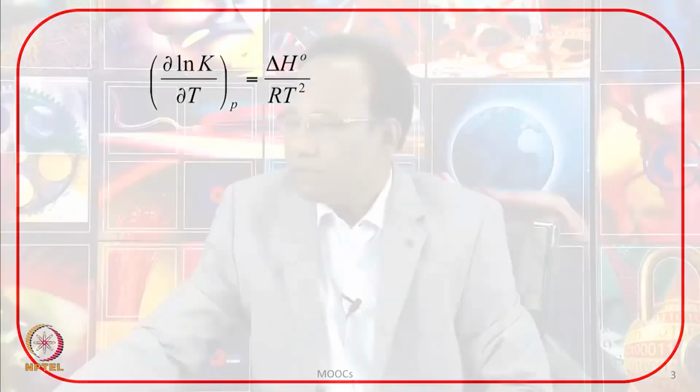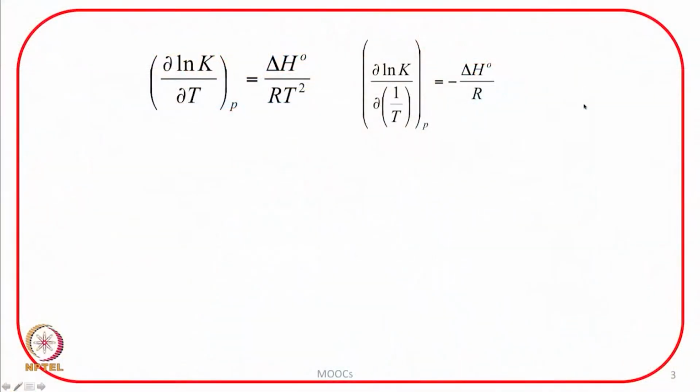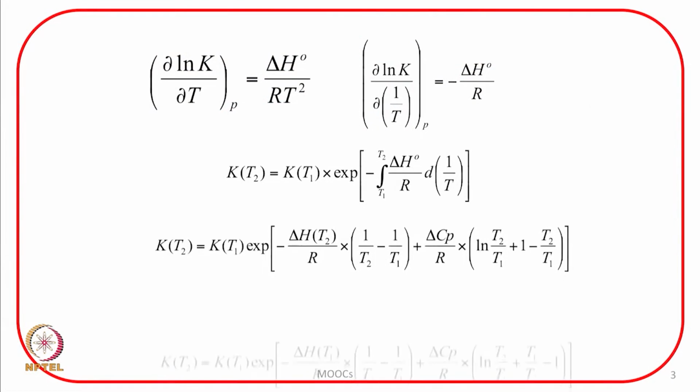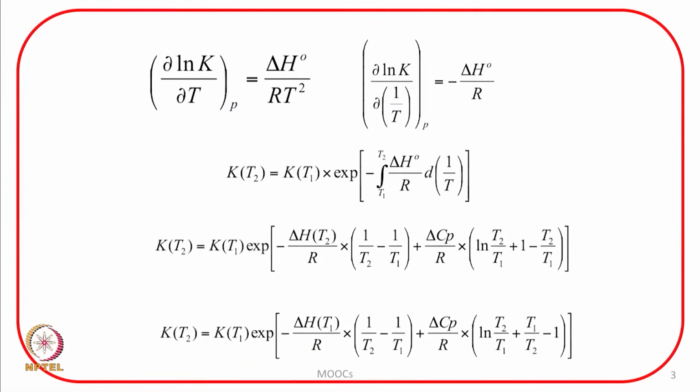Then we went ahead and used the Van 't Hoff equation. One can use any of these two forms to arrive at the final two equations which are mentioned in this slide.